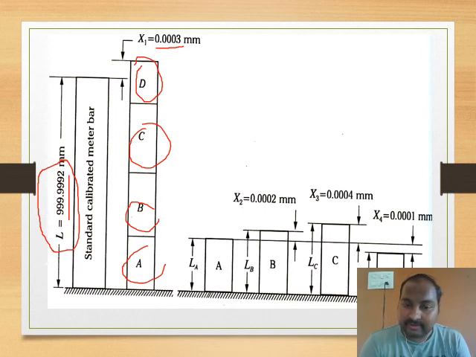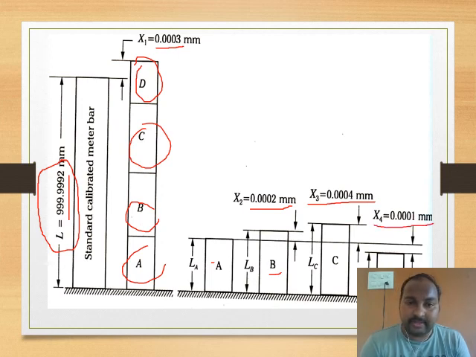When I am comparing LA with LB, it is 0.0002 longer. When LC is compared with LA, LC is longer by 0.0004 mm. When LA is compared with LD, LD is shorter by 0.0001 mm.